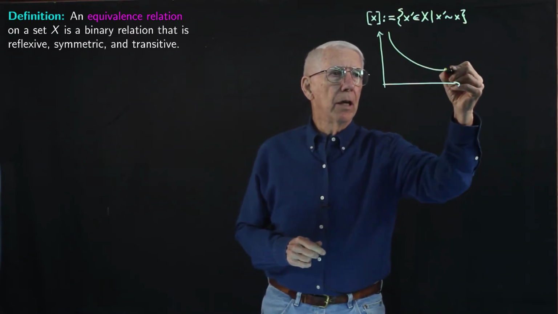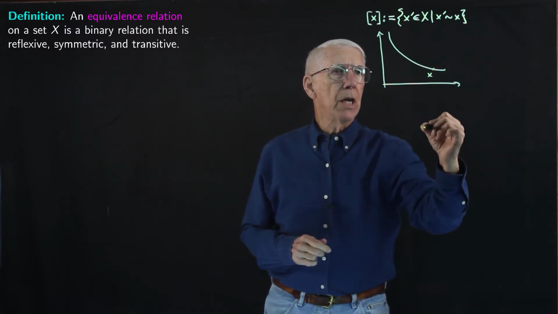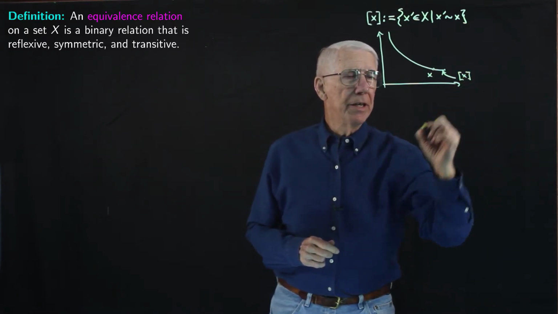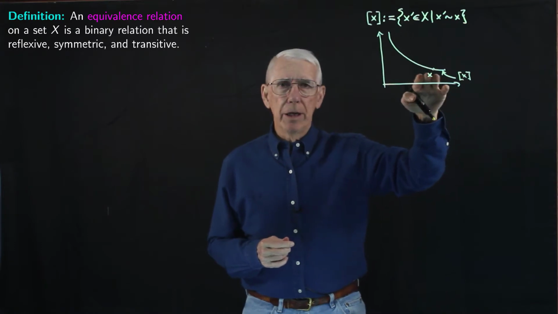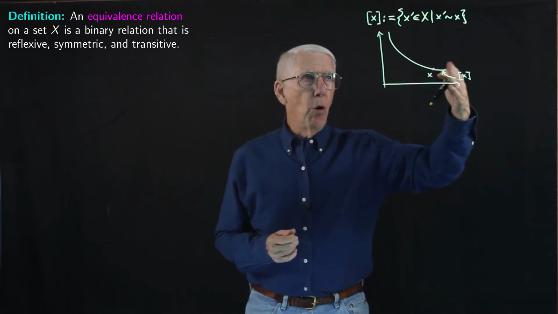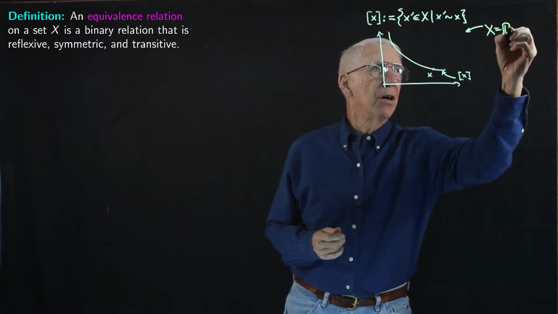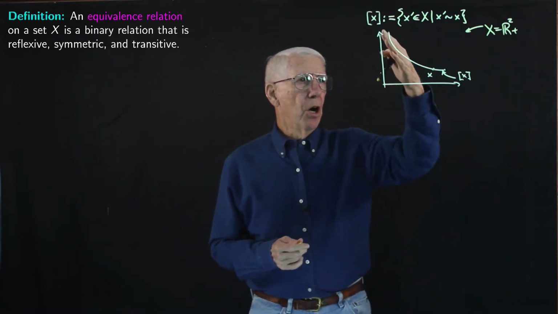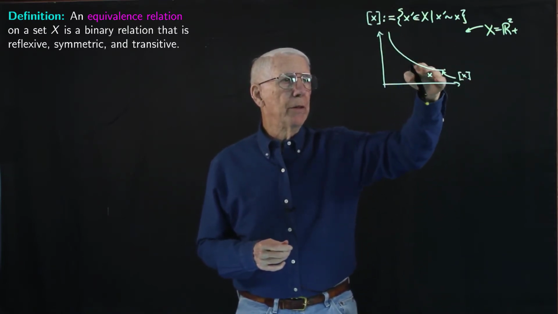So we have, let's say, this is X. Then this would be the indifference curve, or indifference surface more generally, containing the bundle X. It is the indifference class because it's the set of all points in X. Here we have capital X as R2 plus, and so this is all the points in R2 plus for which the consumer is indifferent between those points and X.